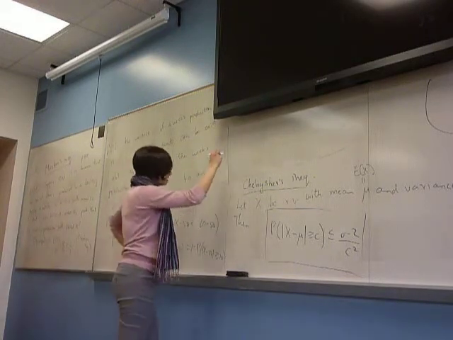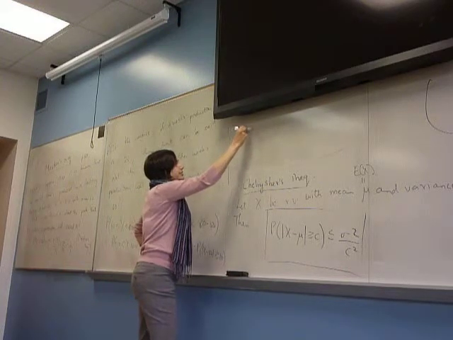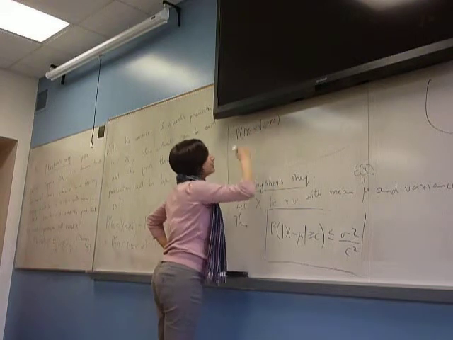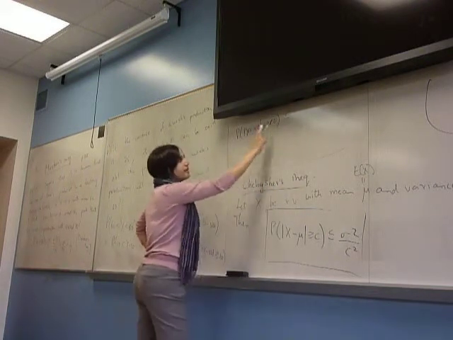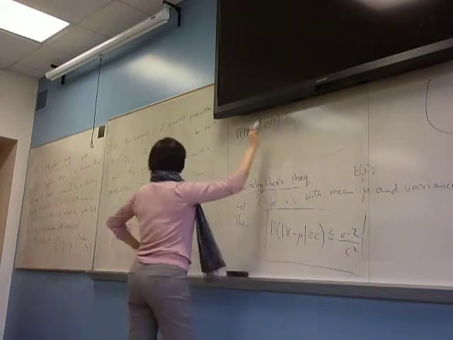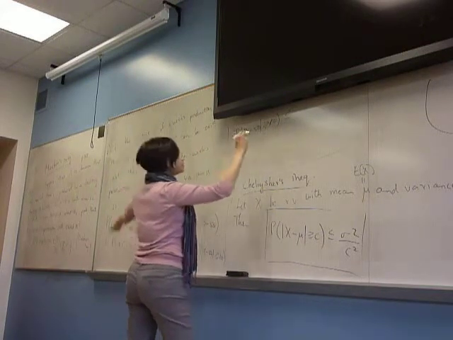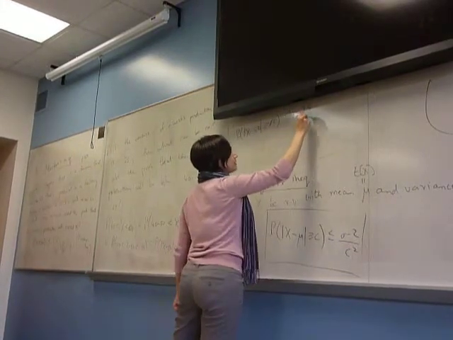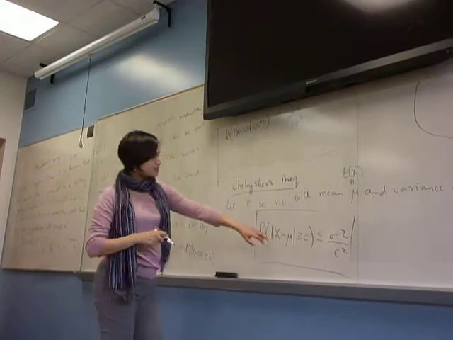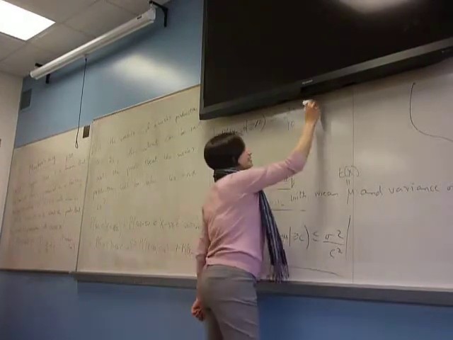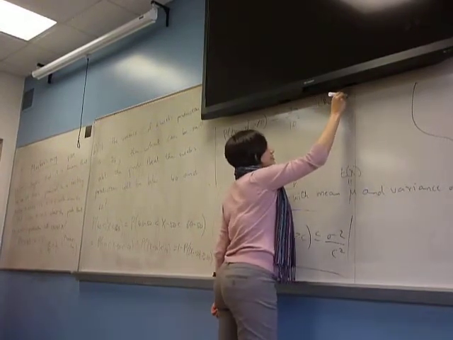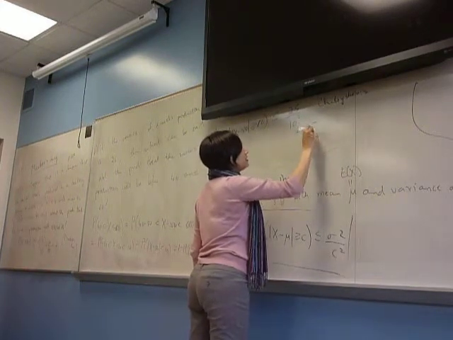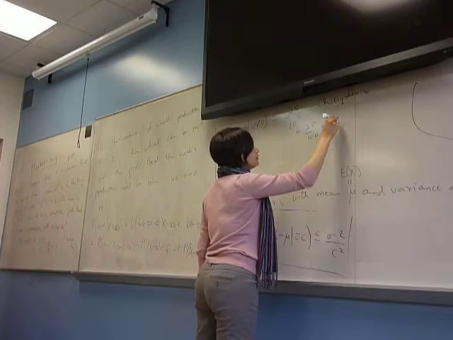It tells us that the probability that |X minus 50| is greater than or equal to 10 is bounded above by the variance of X, which we've been given is 25, over 10 squared. So this is 25 over 100, that's 0.25.